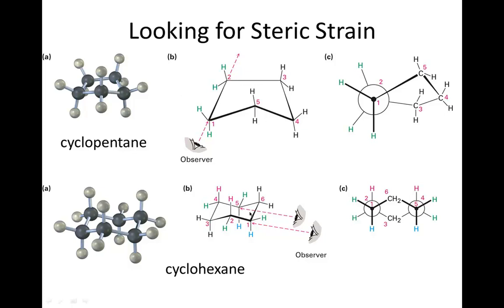When you go up to cyclohexane, you notice that it's really not flat at all. And so the idea that Alfred von Baeyer had about the bond angles kind of falls away, because it's not planar at all, and he had assumed that they would be. We'll talk about the actual angles in a minute.